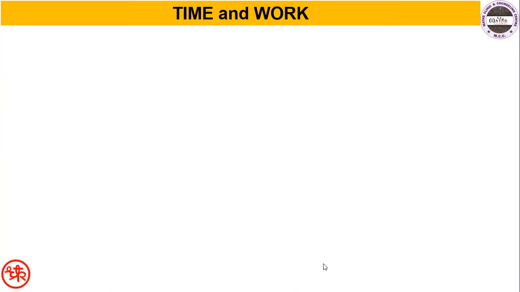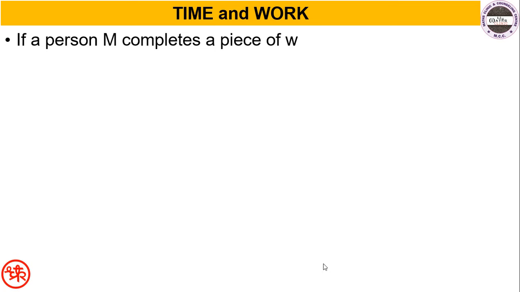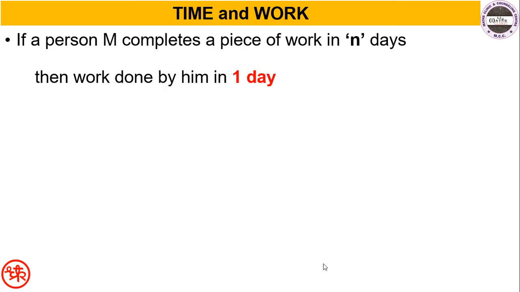So can we start time and work? Okay, let us see. If a person M completes a piece of work in n days, right? Then the work done by him in 1 day is equal to what?